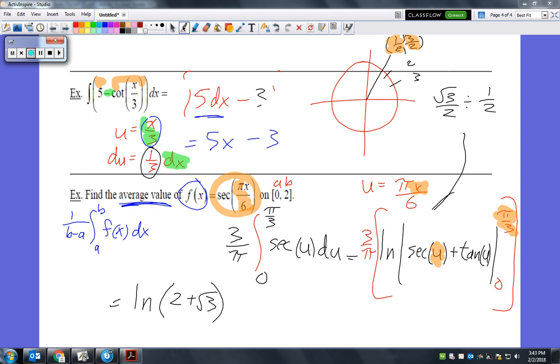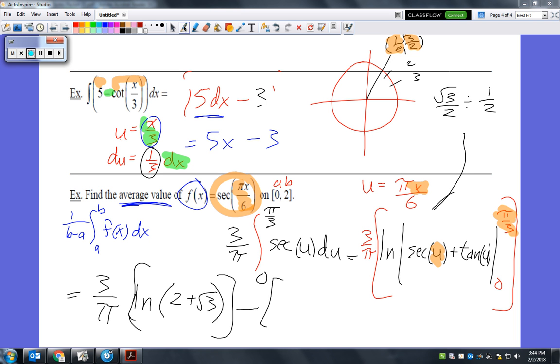Why do I have parentheses right now? Because now they're constants. There's no more u's left. So this is f of b, guys. Minus, now we've got to plug in 0. And I know I'm showing a lot of work, but I want to make sure people who watch the video can see all the pieces.